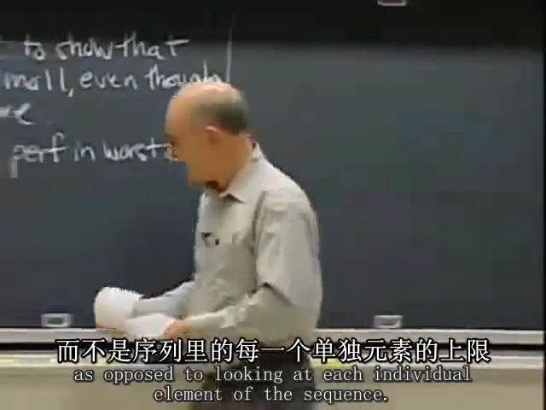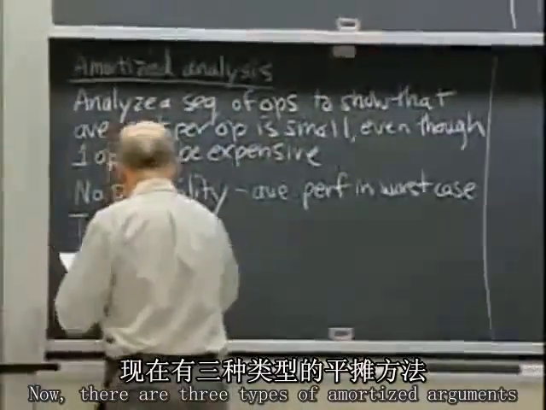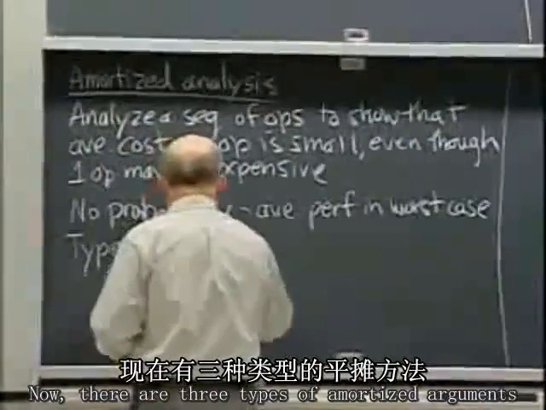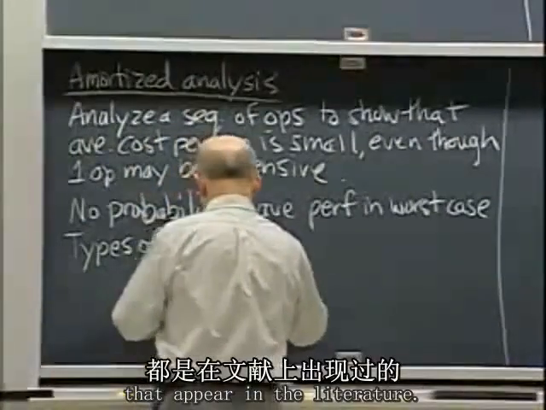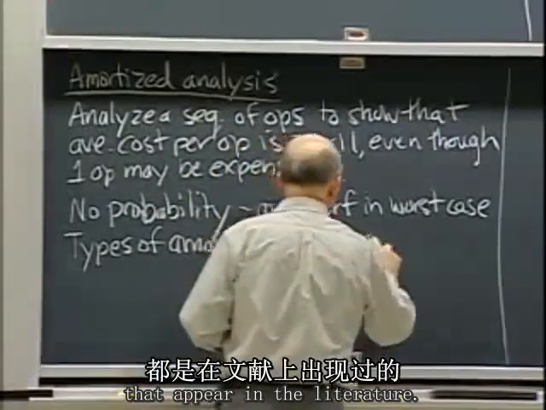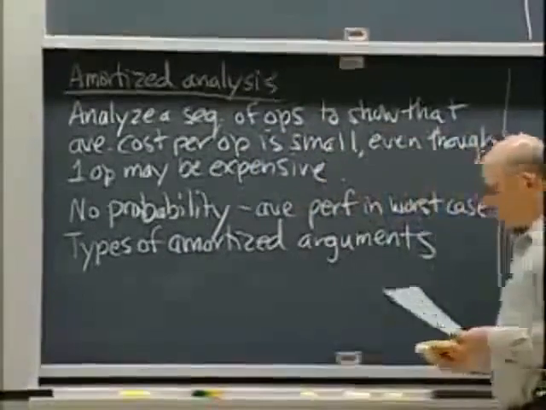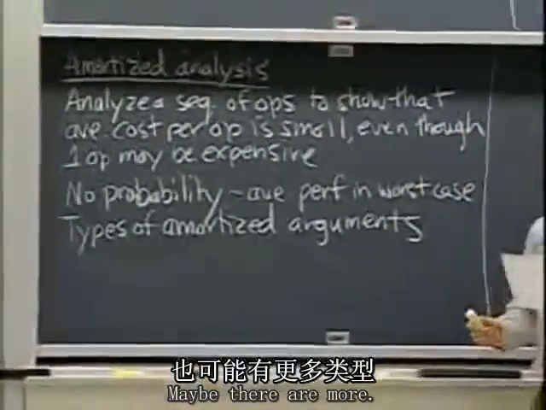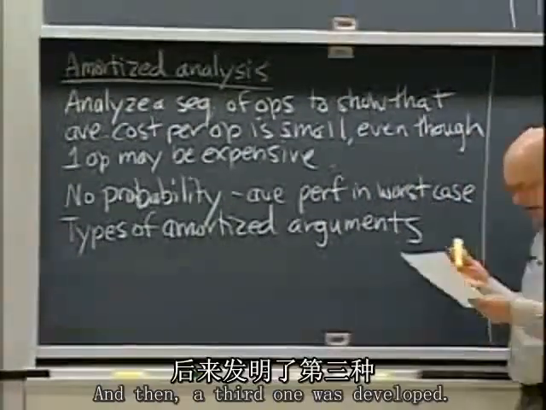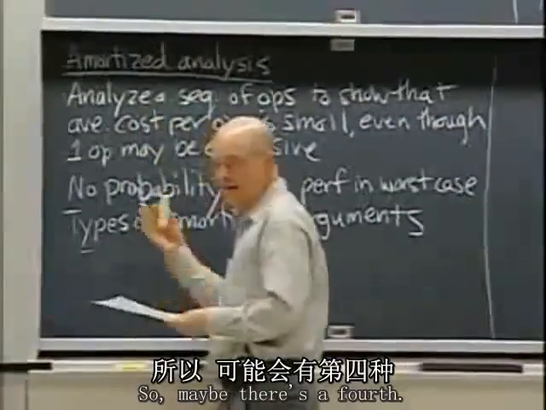Now, there are 3 types of amortized arguments that appear in the literature. Maybe there are more. At one point there were 2, and then a 3rd one was developed, so maybe there's a 4th.